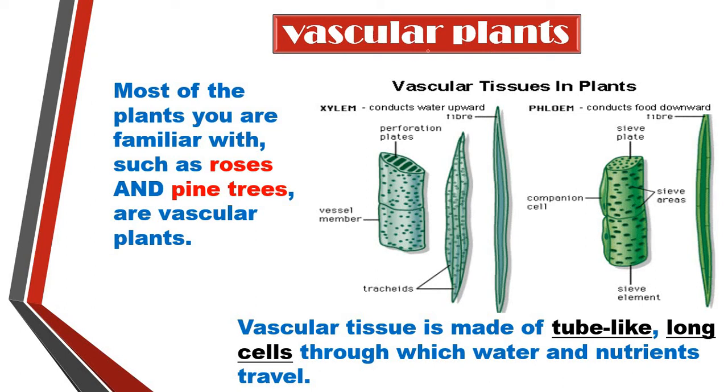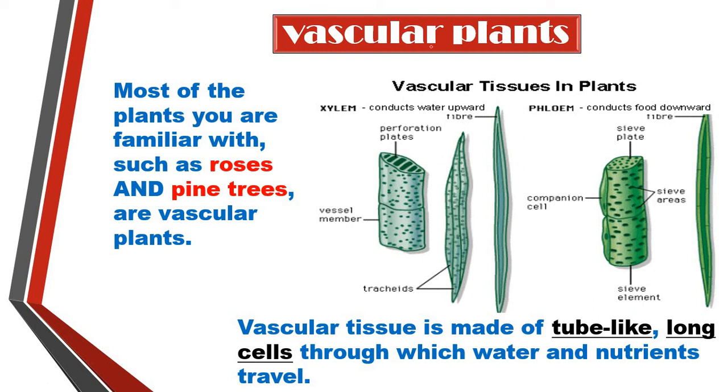Starting with the vascular plants. Most of the plants we know are vascular plants, like roses and pine trees. This means that they have vascular tissues in its parts. Vascular tissues, as you see in the picture, are made of tube-like long cells through which water and nutrients can move.